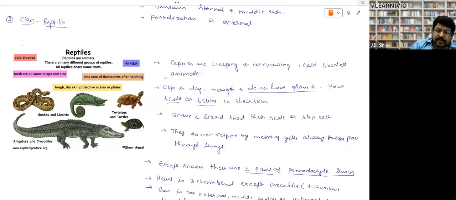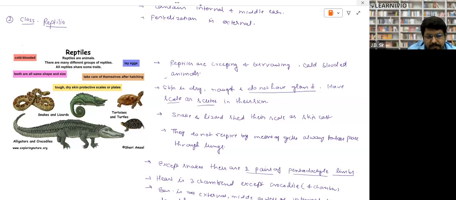So what is skin casting? Do you have any idea what skin casting is? When they take their skin off? Right, when they shed their skin. Very good. The dead outer part of the skin comes out, right? And that is called skin casting. You must have frequently seen the skin casting of a snake.